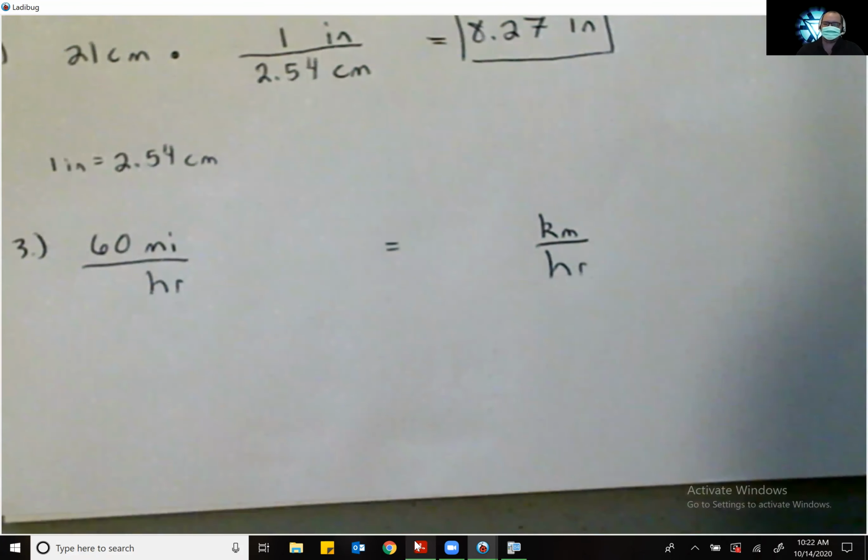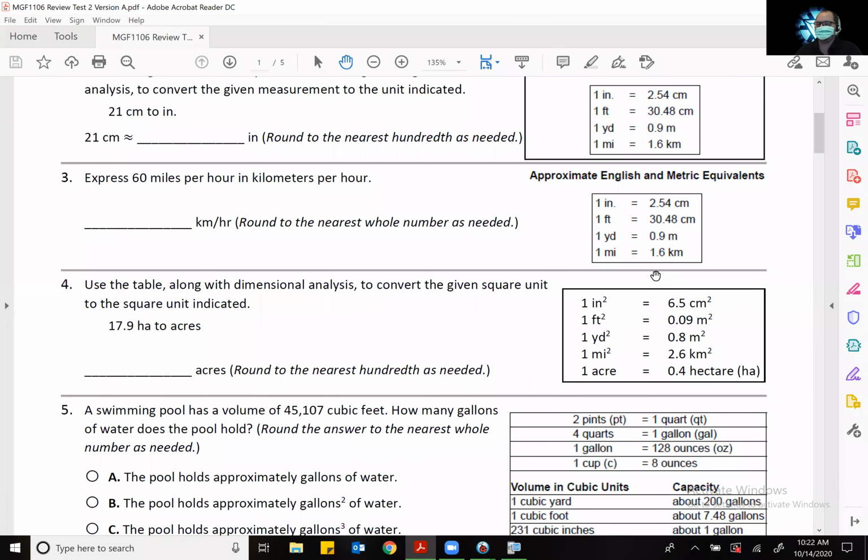So let's jump back. What is going to be the conversion we need in here? The 1 mile is 1.6 kilometers. That's exactly what we need.